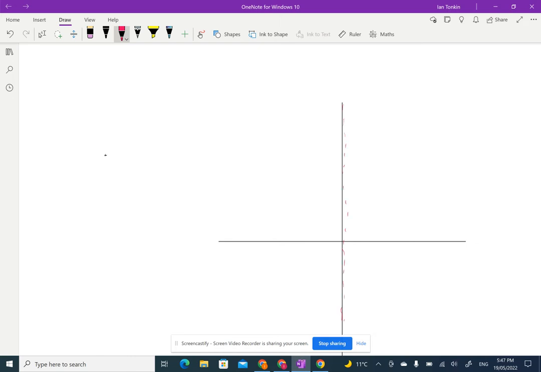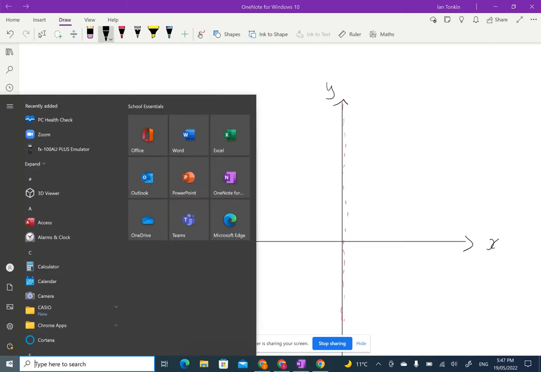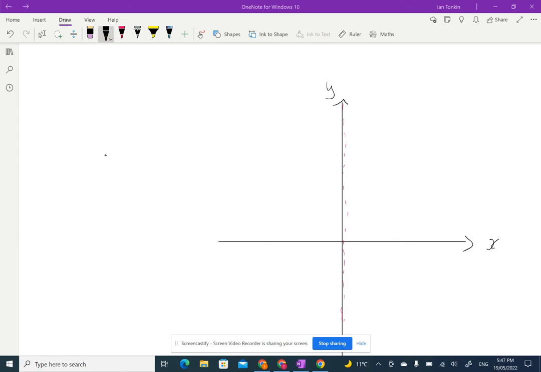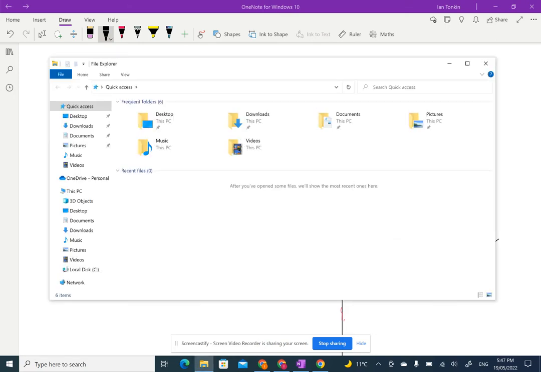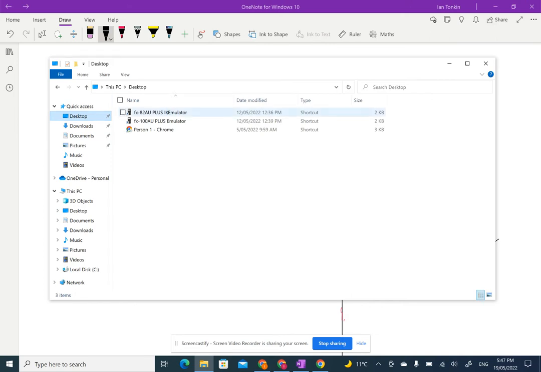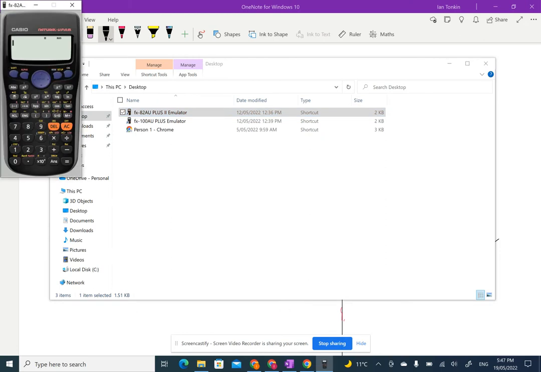It can't touch that. It's going to approach it. And I'm just going to get my calculator up. If I can find it. I'll just download it. Where is it? Is it on my desktop? There it is. Right.